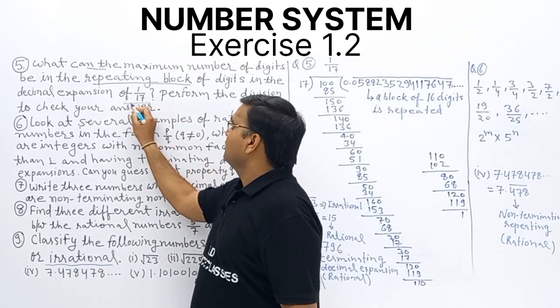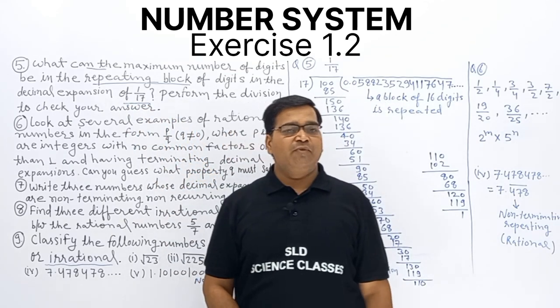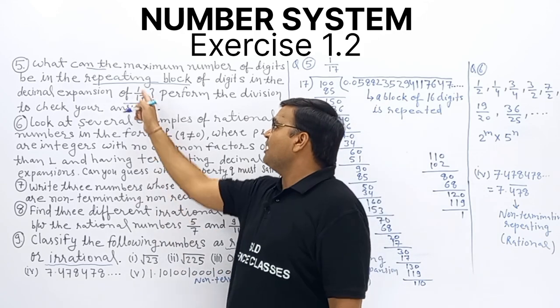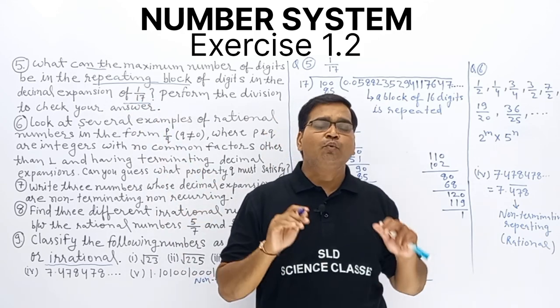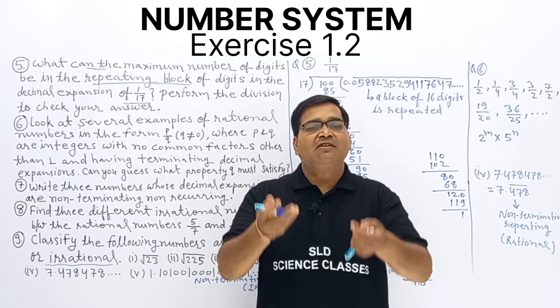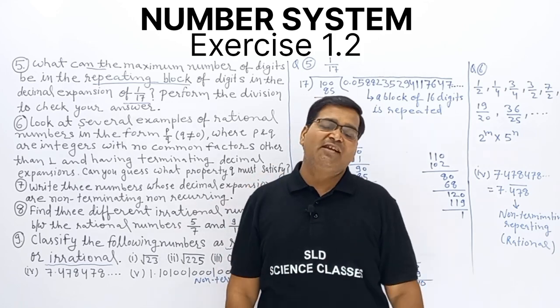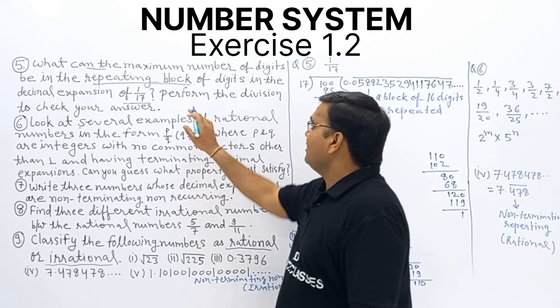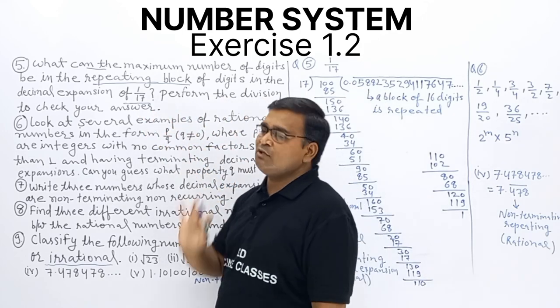One fraction is given, 1 upon 17. What will be its repeating block in the decimal expansion? Then perform the division to check your answer.